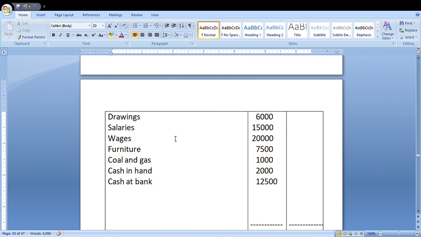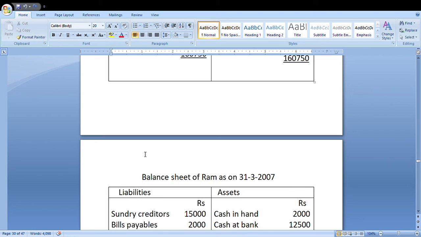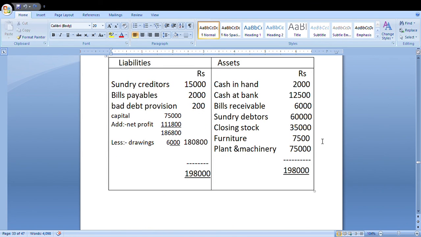Next, salaries also enter the profit and loss account. Wages already enter the trading account. Furniture is also an asset. Enter in the balance sheet, asset side, 7,500.